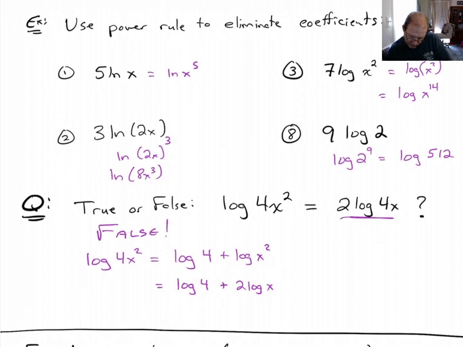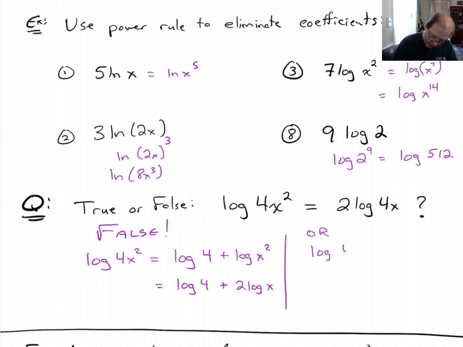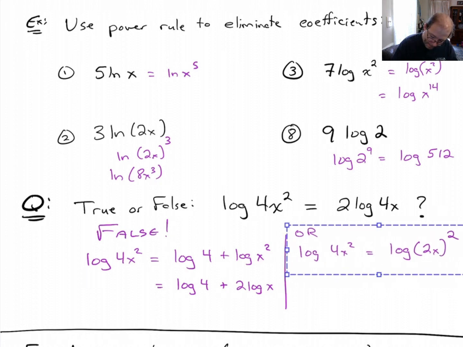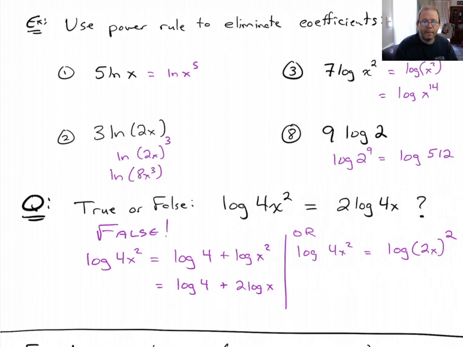So notice this is not what we get. We get log of 4 plus 2 log x. Now another thing we could do, we could take log of 4x squared. We could rewrite the 4x squared as log of 2x quantity squared. And then bring that 2 down front. We get 2 log 2 plus 2 log x.